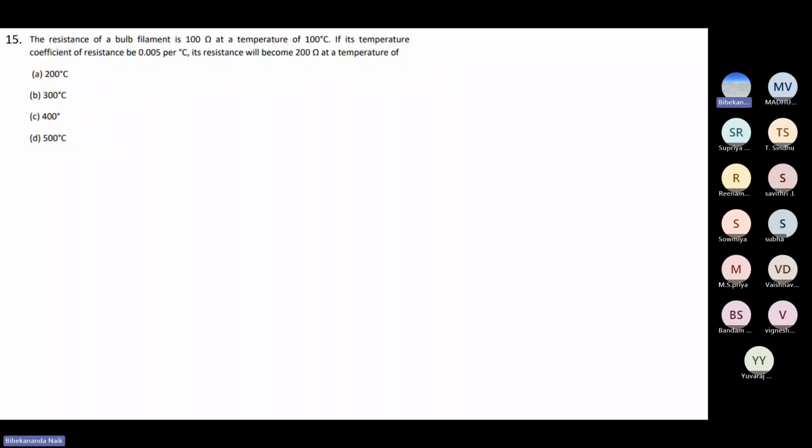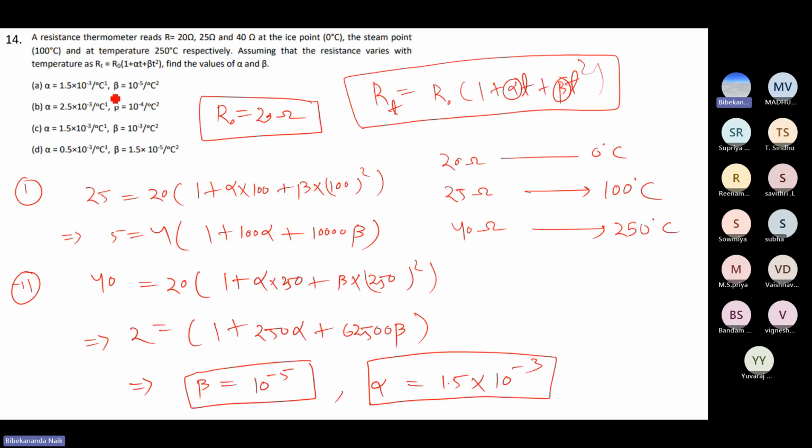So the formula is the same. You need to only consider alpha, because the units of alpha and beta are different. Like in the previous case, the unit of alpha is per degree Celsius, but the unit of beta is per degree Celsius square, because the formula is in this way.